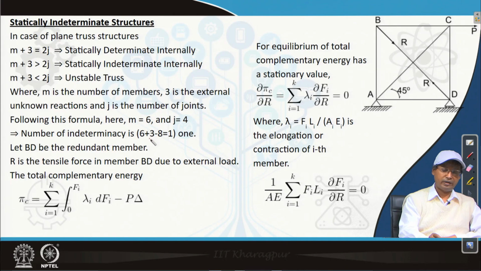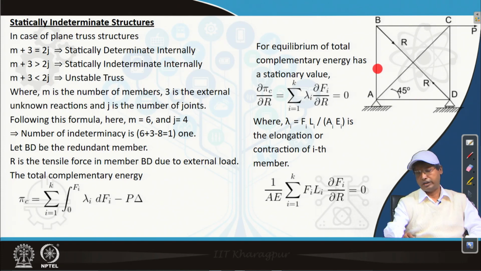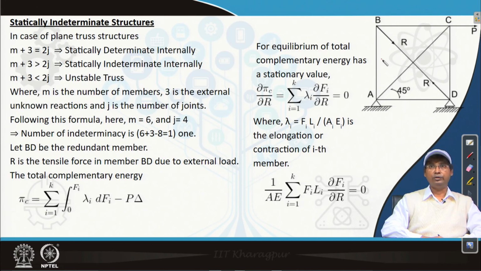So there is only one internal indeterminacy. If we remove either this diagonal or the other diagonal, the structure remains stable but becomes determinate. Somebody may ask why not remove another member; that is also possible, but it depends on your ease of work and how you want to proceed.